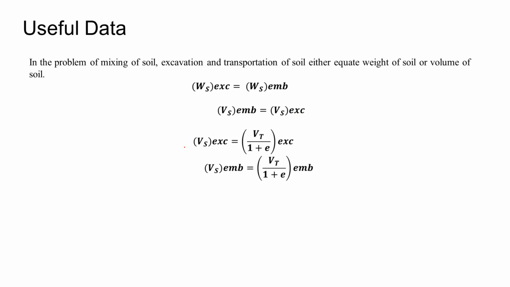And from the three-phase diagram, we know the equation: volume of soil equals the total volume of soil divided by 1 plus e. For the excavation site, e is the void ratio of the excavation site. Similarly, we can write the volume of soil of the embankment site as the total volume divided by 1 plus e, where the void ratio is that of the embankment site.